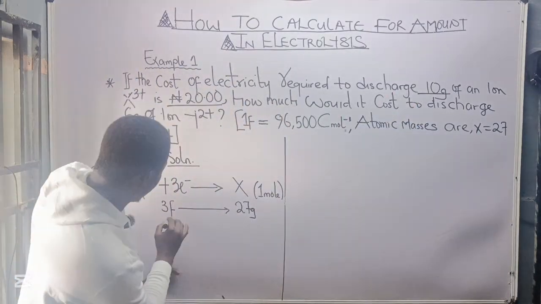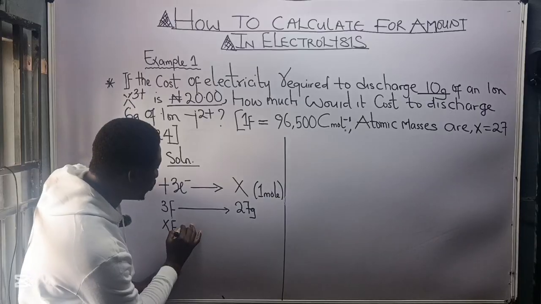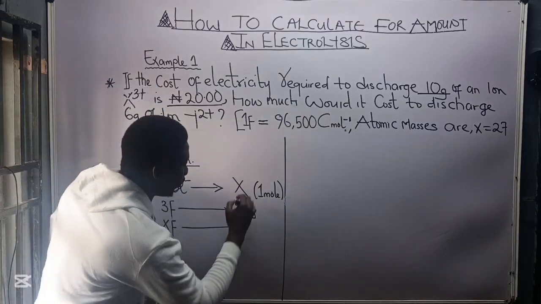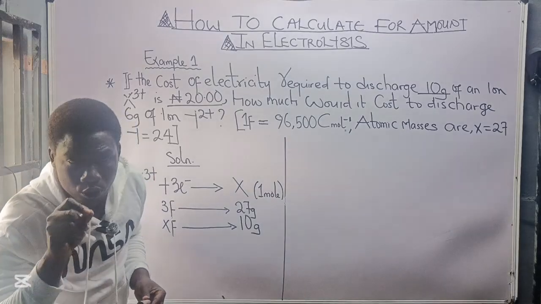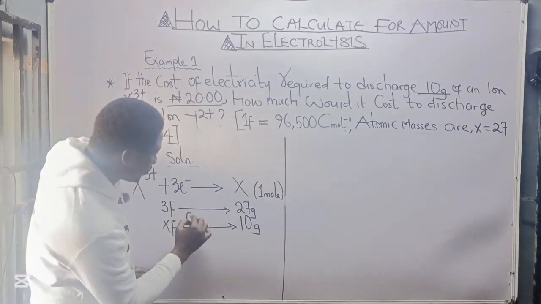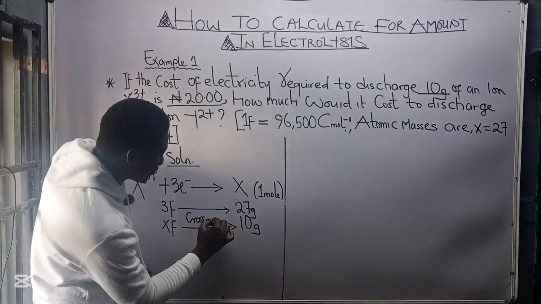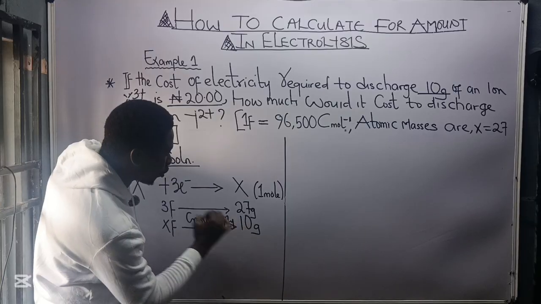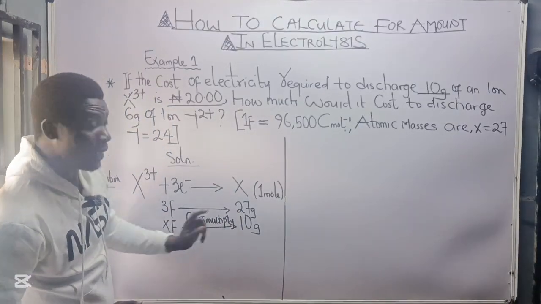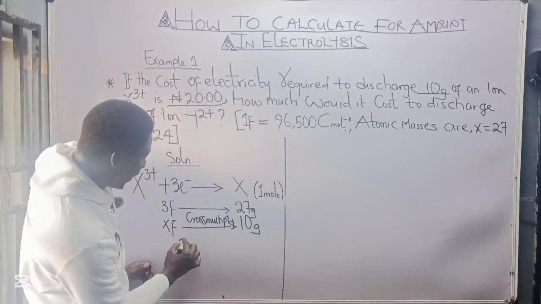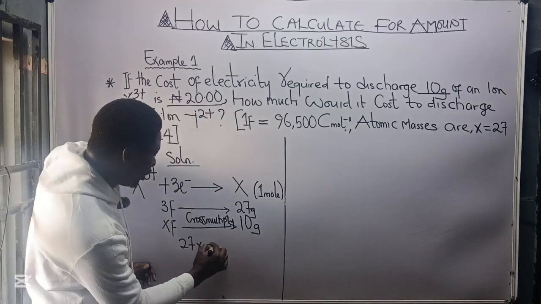So we'll say X Faraday will give us 10 grams. We simply cross multiply: I use 10 to multiply 3, then x to multiply 27, so I will have 27x equals 3 times 10.